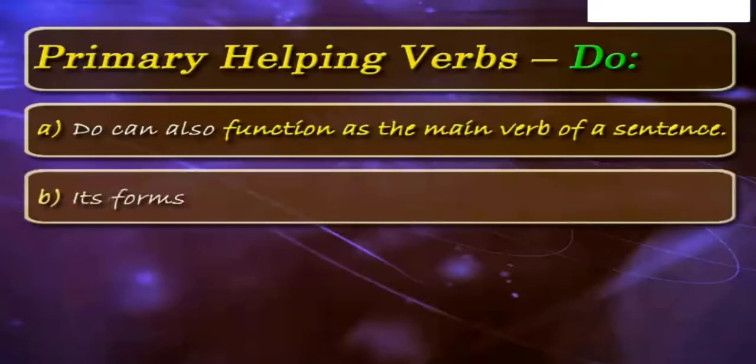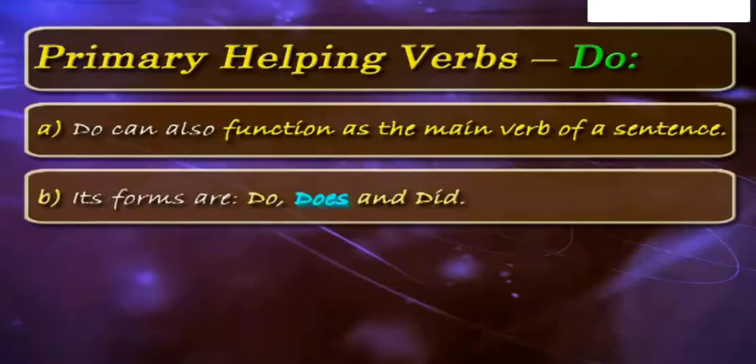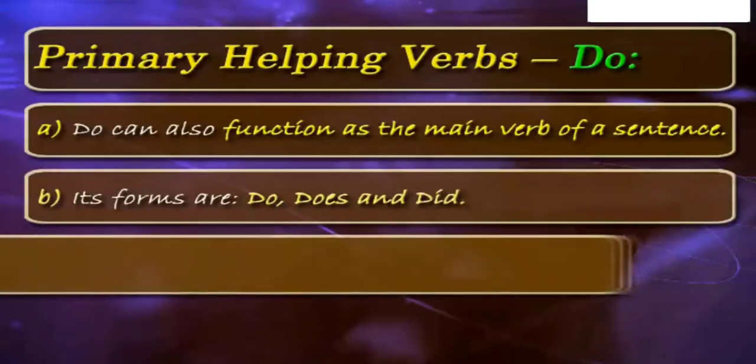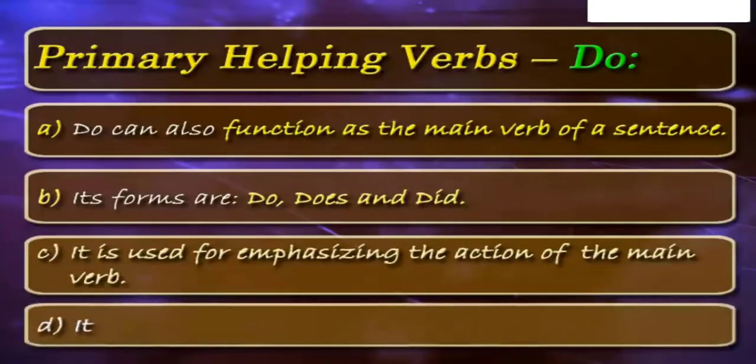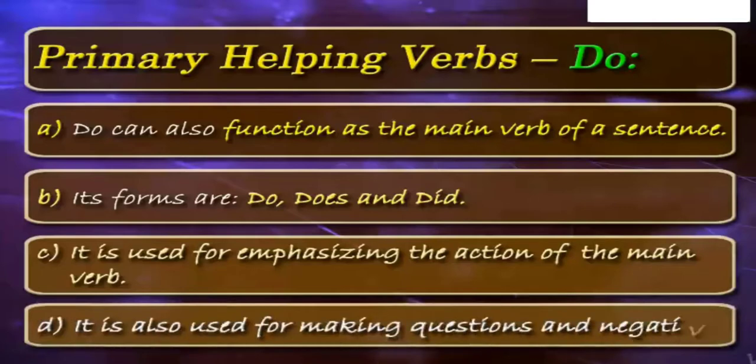It can be used in different forms: do, does, did. 3. It can be used to emphasize the action of the main verb. 4. It can also be used to make questions and negatives.